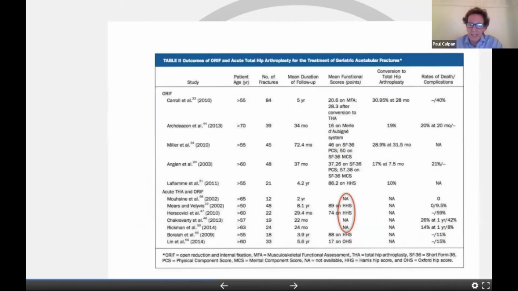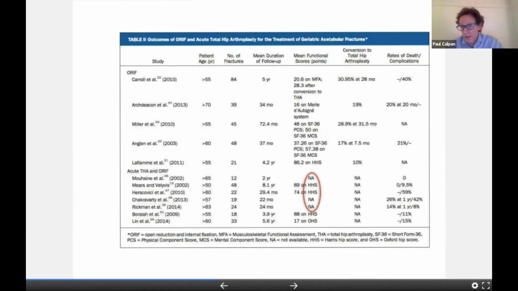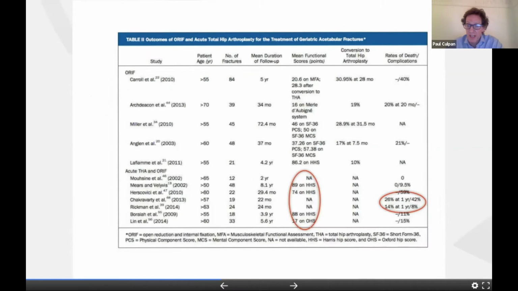What they highlight is that when we're gathering PROMs type data, the patients seem to do better than the fixation group. The procedure is tolerated, so the patients are in fact able to sustain what's pretty extensive surgery. The complication rate is higher than primary arthroplasty, as we'd expect, and probably closer to a revision hip replacement type of scenario.